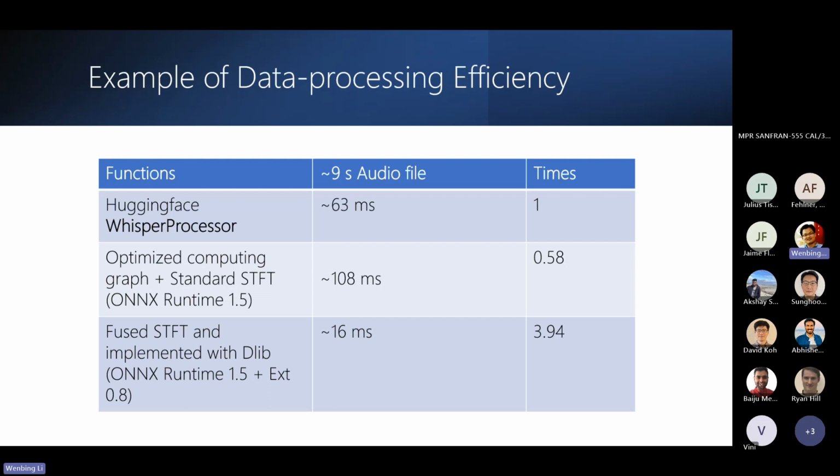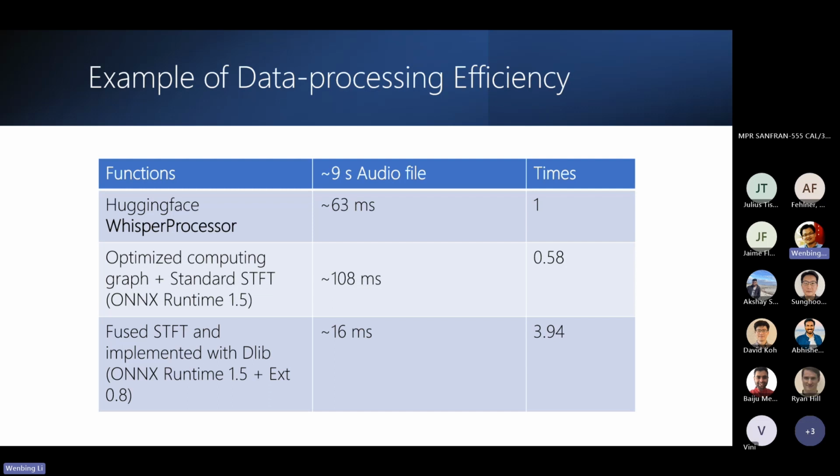But with our ONNX Runtime extension, the last one, we did some operation fusion and also used some accelerator libraries. The processing improved by 4 times. That is for the audio domain. For tokenization, we also have 2 or 3 times, maybe even 10 times, compared to the Hugging Face solution.